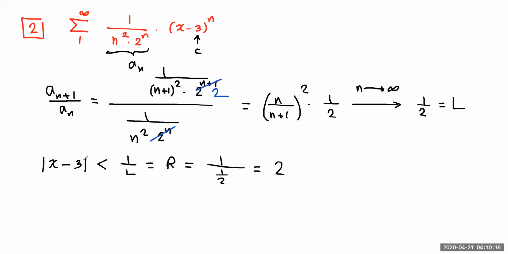So I have this formula. Now the radius of convergence is 2, and the interval of convergence is |x minus 3| less than 2. I can write this as from 3 minus 2 to 3 plus 2. This is the interval, so it's from 1 to 5.